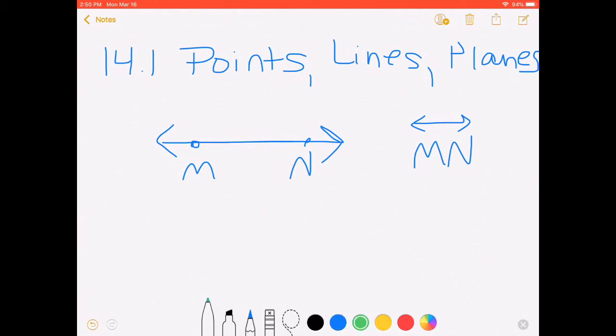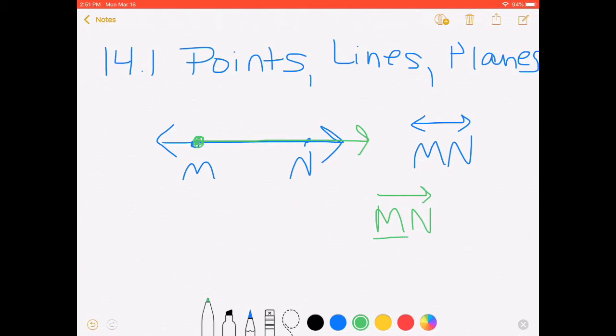We can talk about ray MN, so that starts at M and it goes in the direction of N. So we would name that ray MN, again with the same two letters, but we use the ray symbol above it. And here it's important the order of the letters matter. So our end point is M, and that's our first letter when we name that ray.